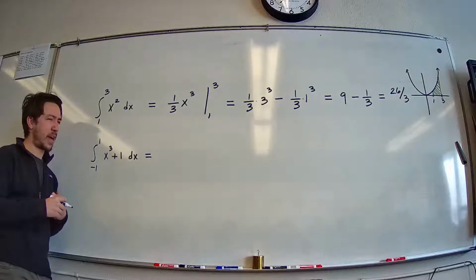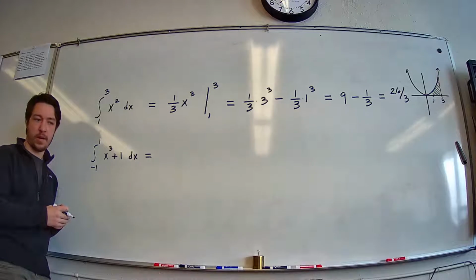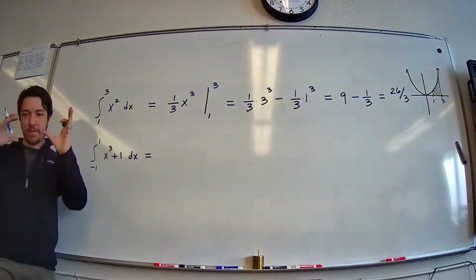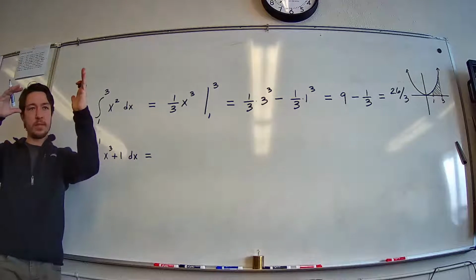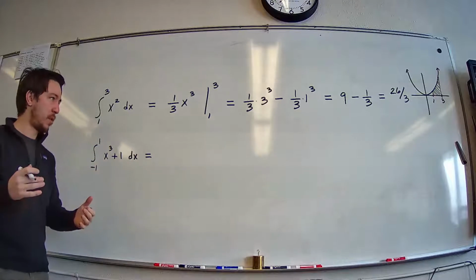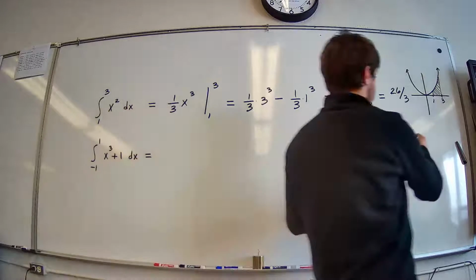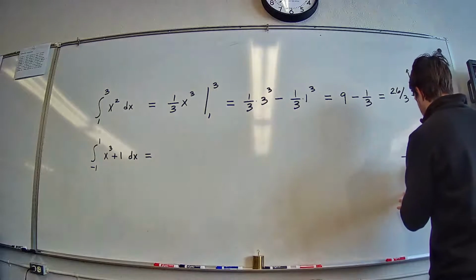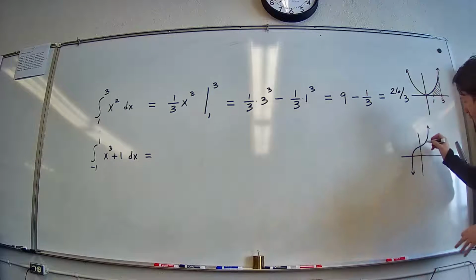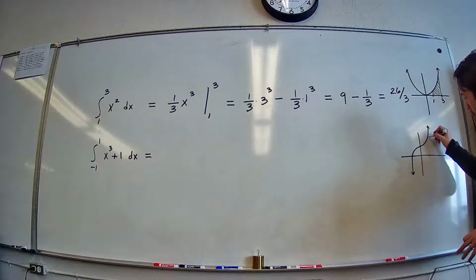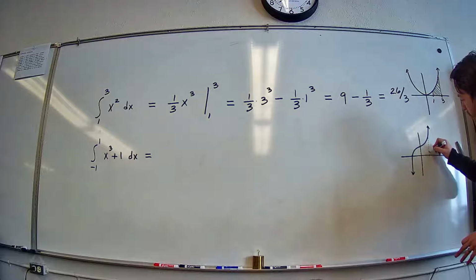Okay. How does this change things? Think visually: the whole function is shifted up 1 unit, so think about what that's going to do area-wise. By the way, I'm going to skip to the end real quick and graph it. Now the graph looks like this, right? This is 1, this is 1, and this is 1.